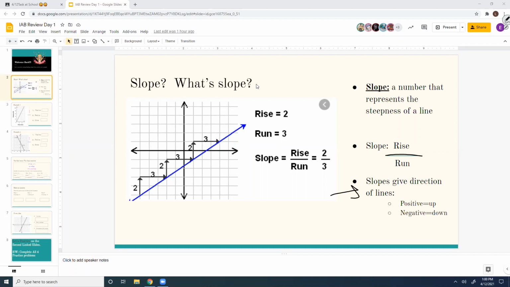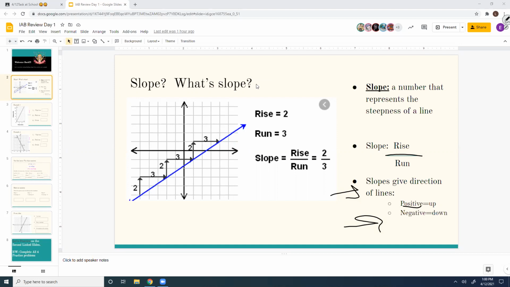And slope gives the direction of the line as well. So it tells me how many I'm moving up and over. It also tells me what direction I'm moving. Is it going up or is it going down? Because a positive slope is moving in what direction, left to right? A positive slope? It's moving up. Very good.